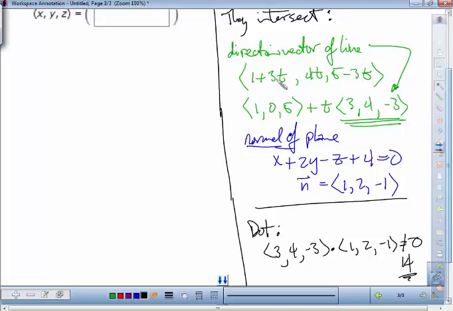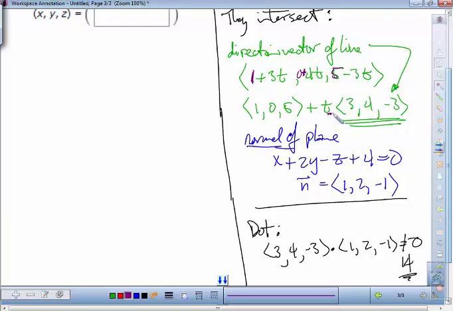The 1, 0, and 5 would be like the 1, 0 plus 4t and then the 5. These are the terms inside of that don't have a t. And then the terms with a t, I'll keep it over here so I can factor the t out. Okay?